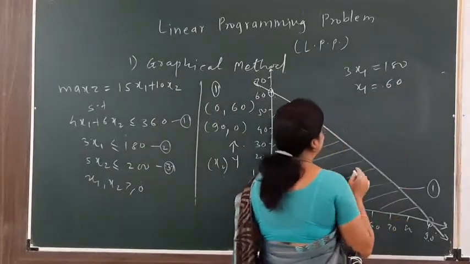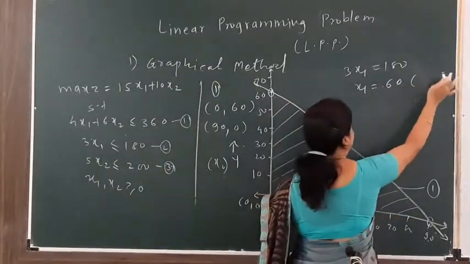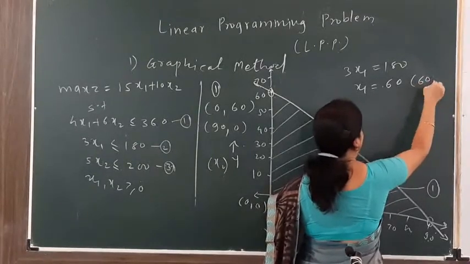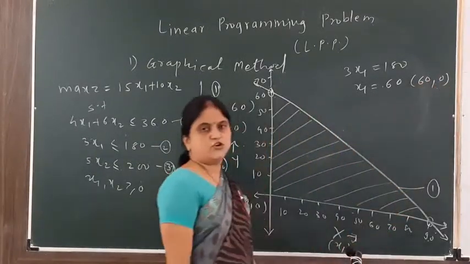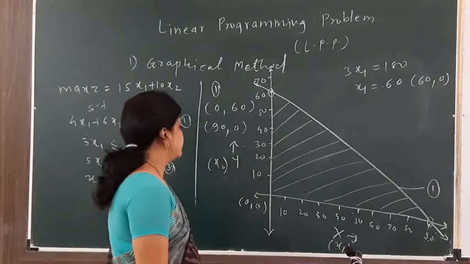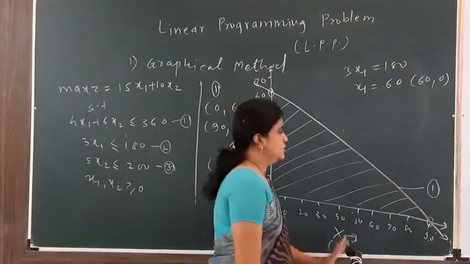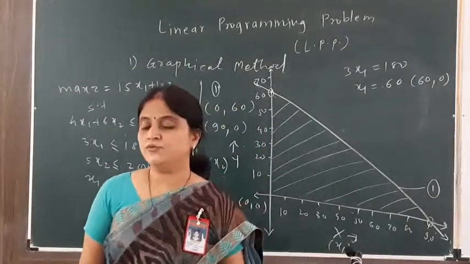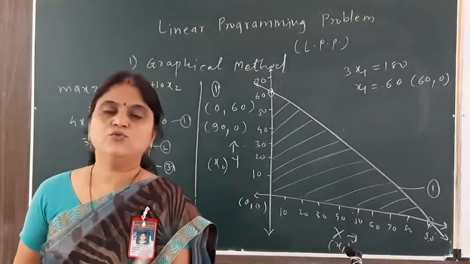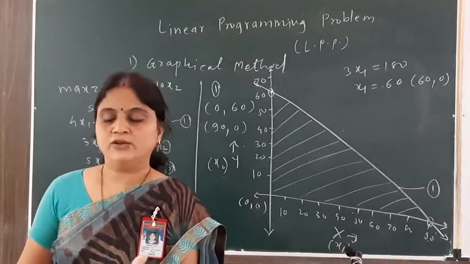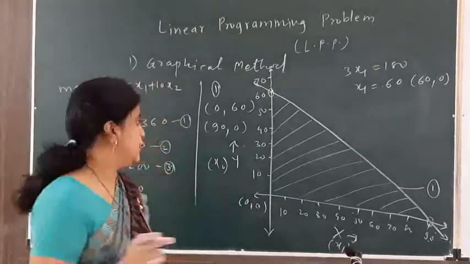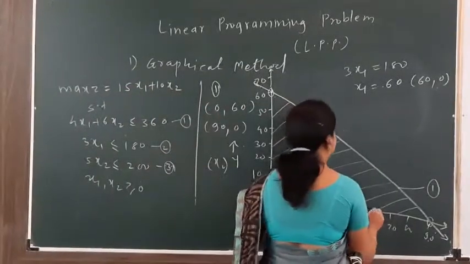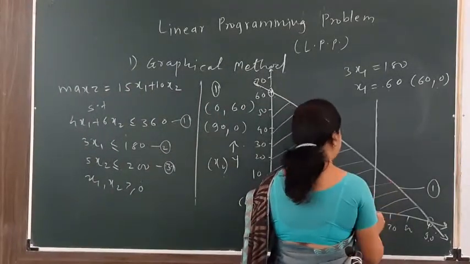Okay. That means I have the point strictly, only one point I get, and which is 60, 0. See, actually over here we get a line parallel to the y-axis. That is to the x2 axis. Okay. So that means 60.